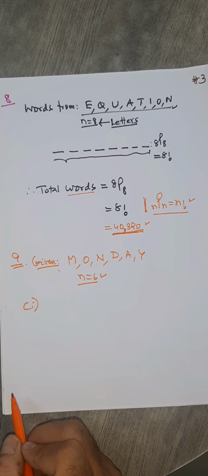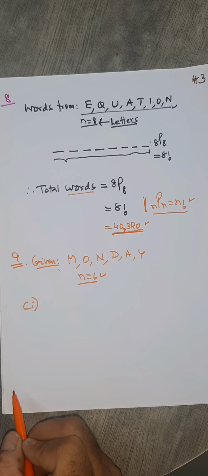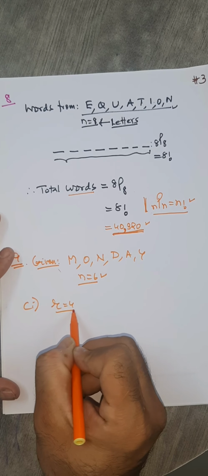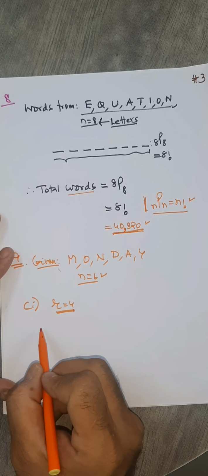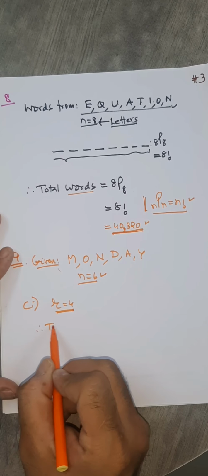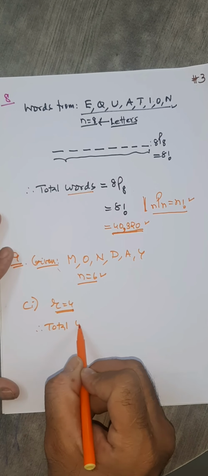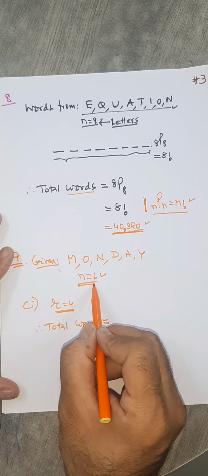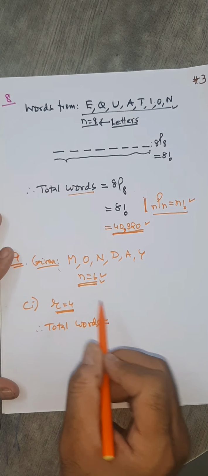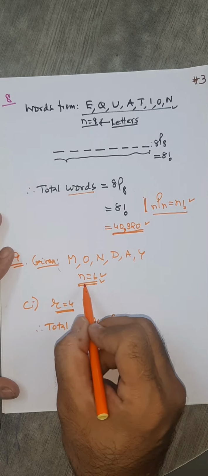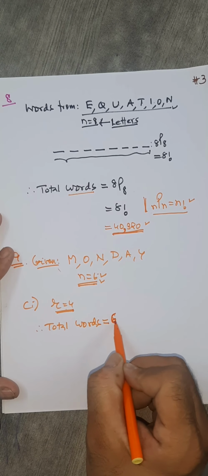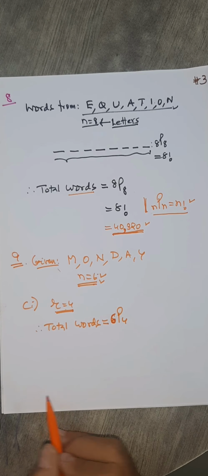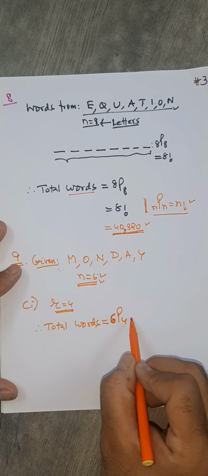What's the first question? Using 4 letters at a time. That means आपका R कितना हो गया? 4. So now this is a straight formula, remember. Right? So using 4 letters, total words equals, how do we do this? Total 6 objects taking 4 at a time. So it is just 6p4. Agreed? Now what is 6p4?